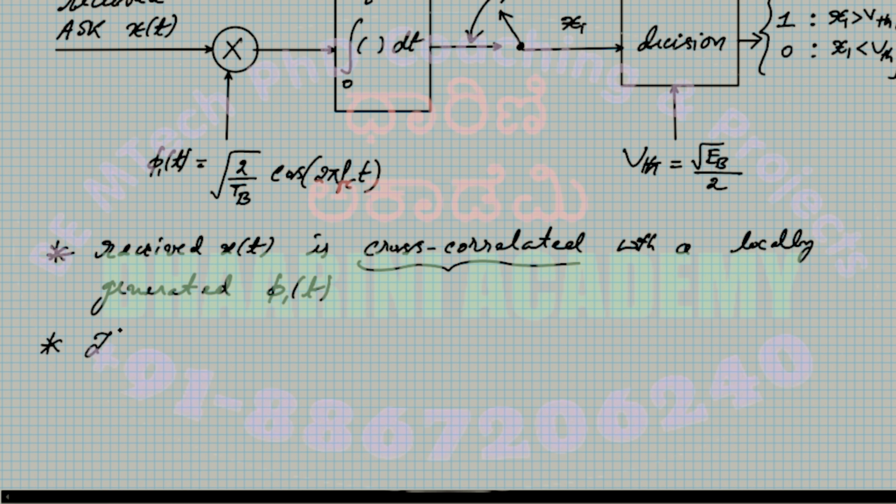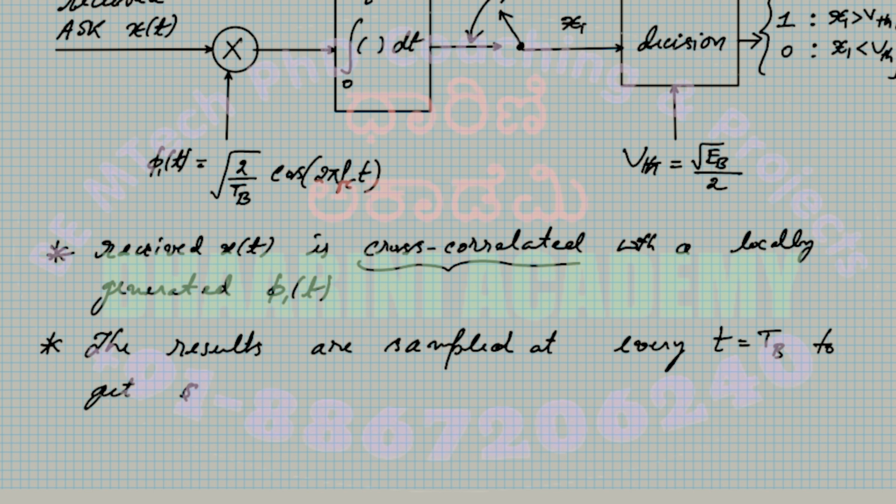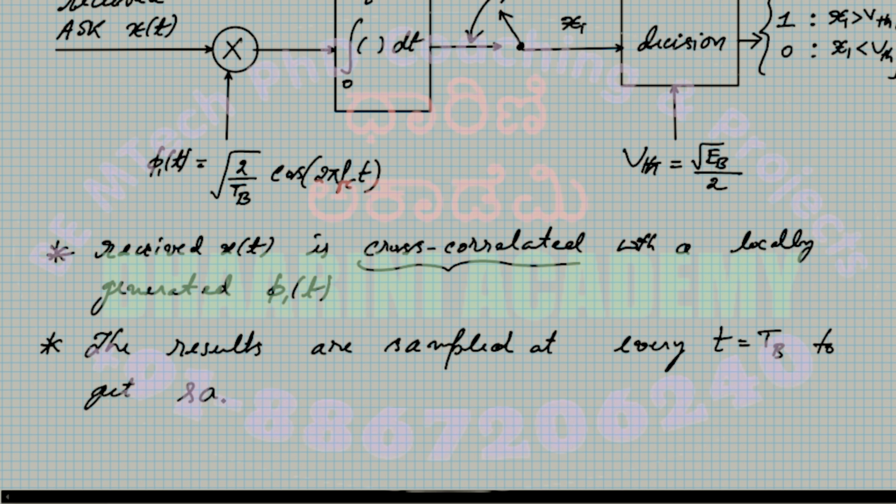Once you have the cross correlation done, you have the output available that's getting sampled at every T_B seconds. So the results are sampled at t equal to capital T, to get the sample values denoted by x1.